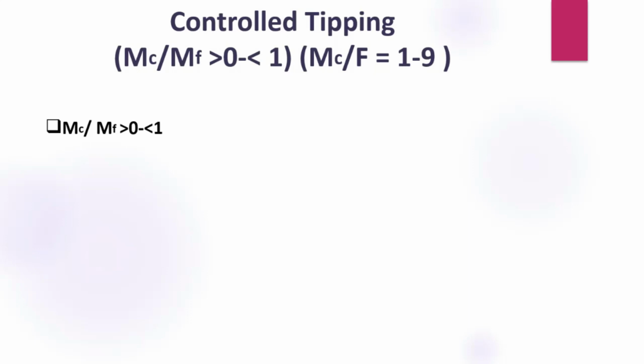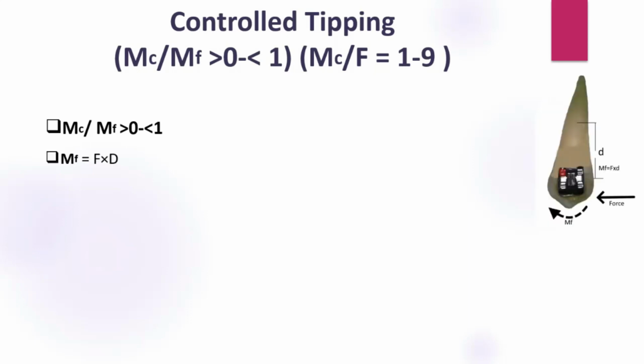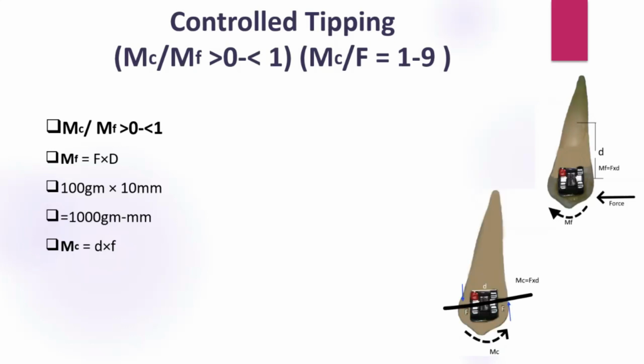To calculate the moment of couple to moment of force, the moment of force would remain the same as the previous example, that is 1000 gram millimeter. While for the moment of couple, in this example, we are considering that we have applied 150 gram of force, by the insertion of some lighter wires in the canines during retraction.